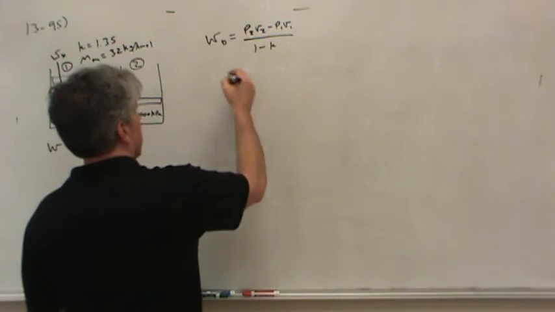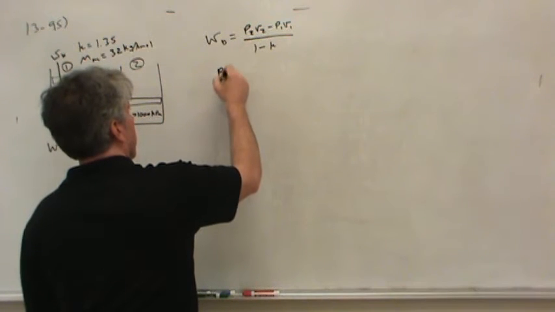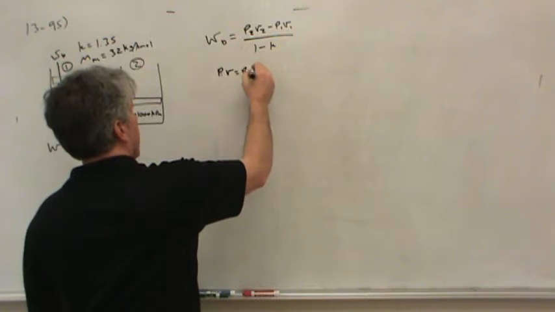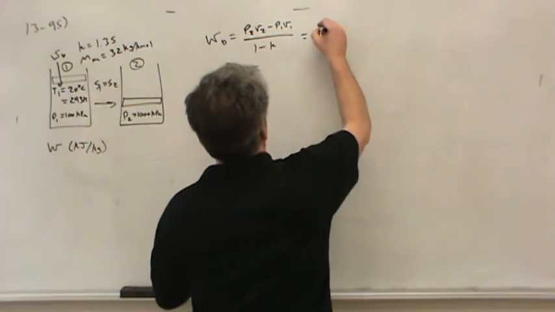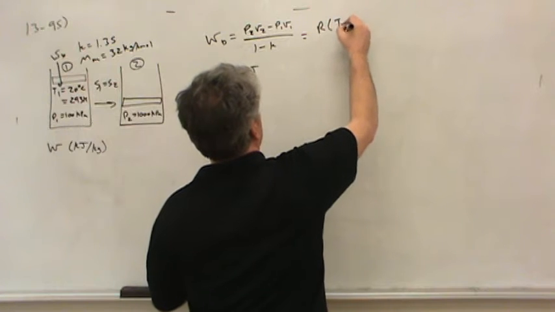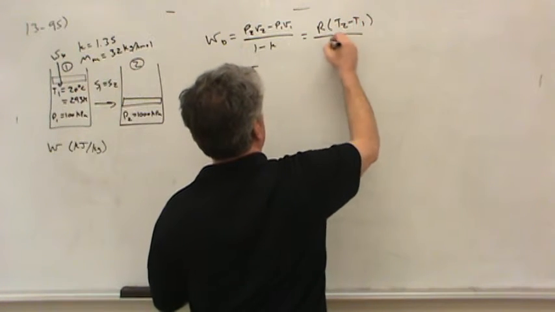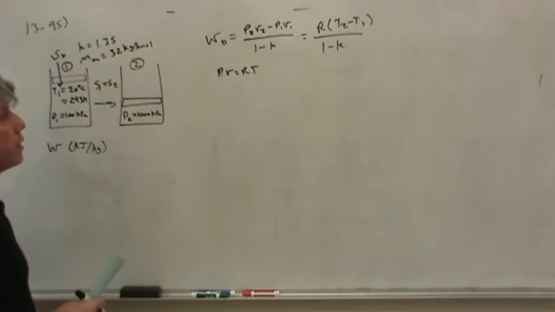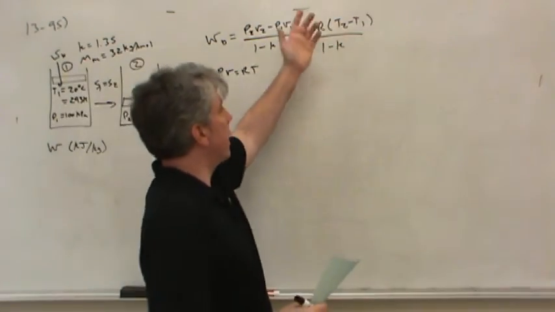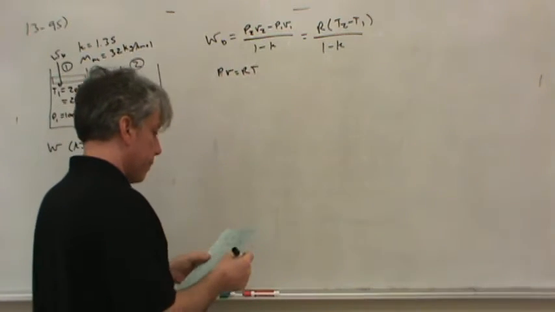Now, since PV equals RT, I recognize that I could replace this with RT. So basically R times T2 less T1, and I've just transferred my ignorance to one number. I know T1, I just don't know T2. If I knew T2, I'd be pretty much done with the problem.